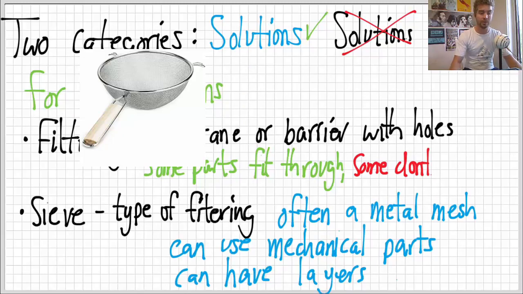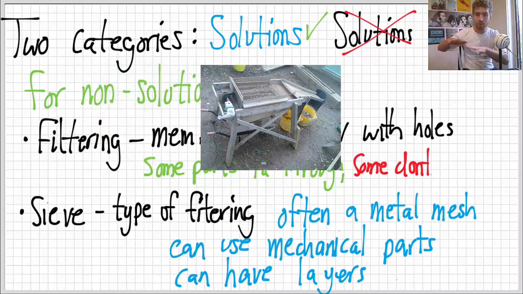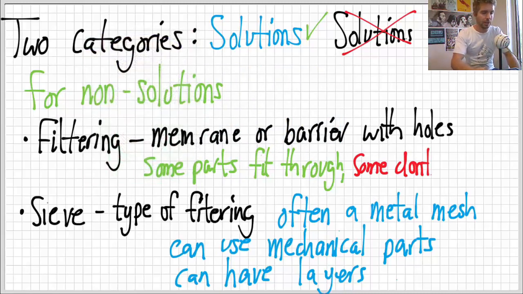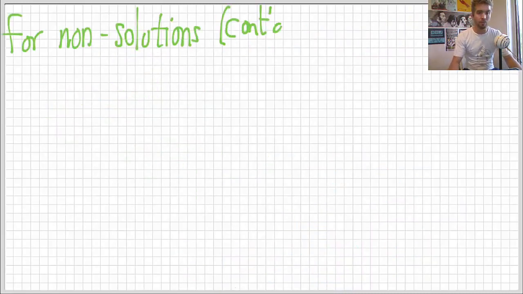They can sometimes have mechanical parts that help push stuff through the mesh, and sometimes there are layers that capture different sizes of parts and objects. Filtering and sieve, both sort of filtering. This is another page, but more non-solutions, continued.